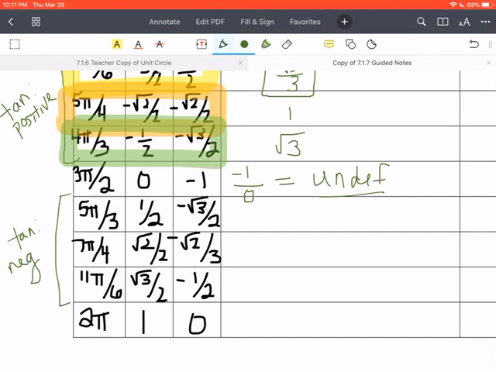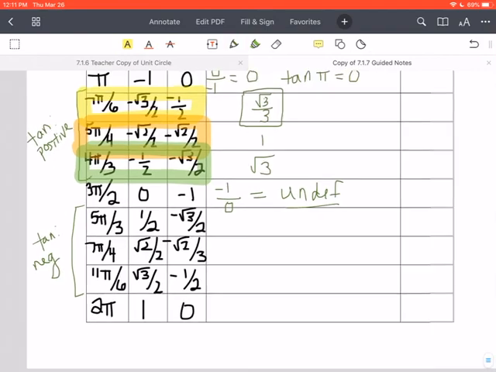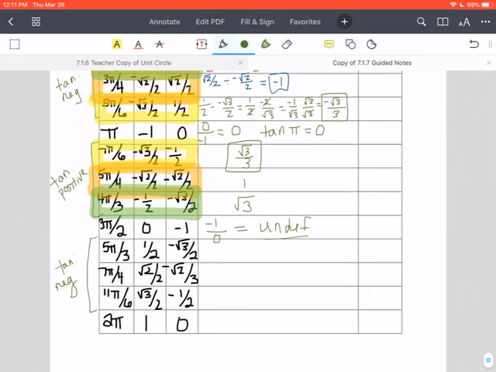Again, we can go through all the math, but we could also just look up at our table. 5 pi over 3 has 1/2 as the cosine, which is right here, so I can see it's going to be root 3, but the tangent has to be negative due to the arithmetic of a positive and a negative.